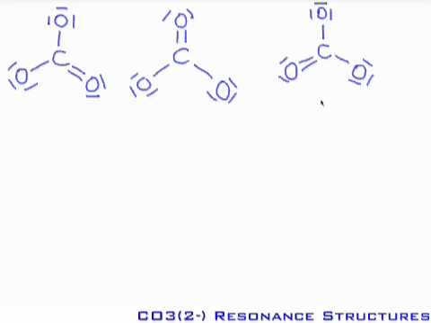Now what's interesting is the resonance structure, or the canonical form, is any individual structure that we've drawn here. But it is not the true form. The resonance structure represents one of the closest structures that is a true Lewis structure that can be used to infer the structure of the true form.